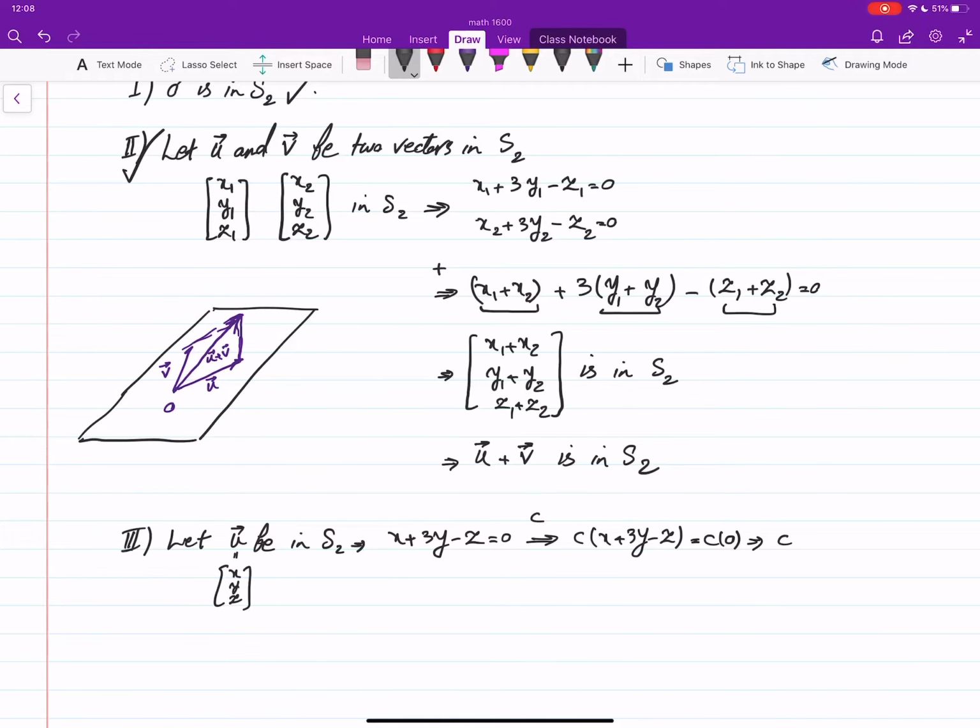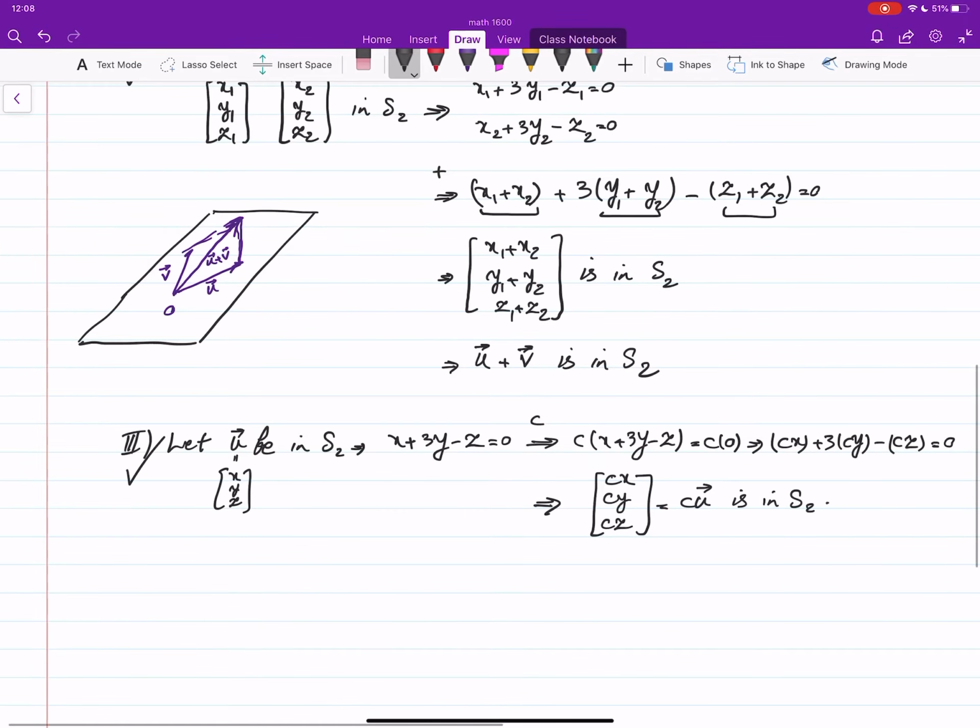And that means that Cx plus 3 times Cy minus Cz is equal to 0. And well, that means that the vector Cx, Cy, Cz, which is the same thing as Cu, is in S2. And that shows that S2 is closed under scalar multiplication.